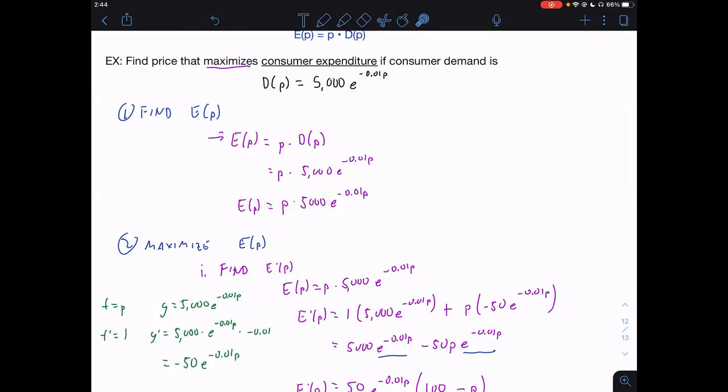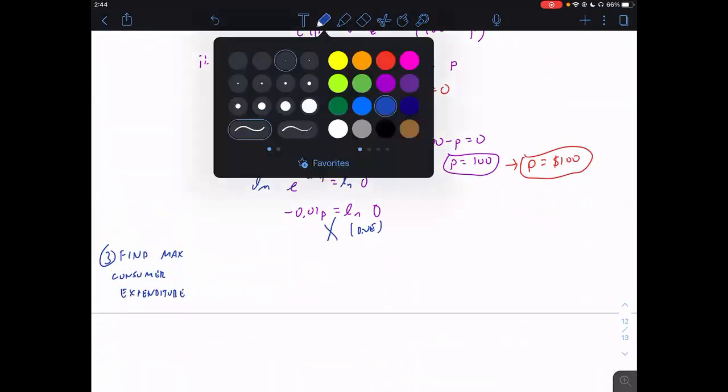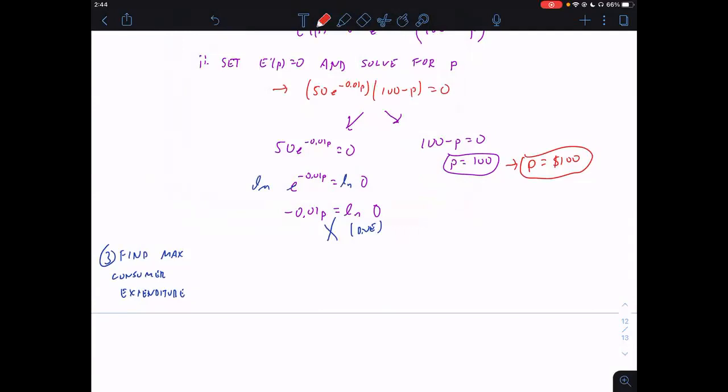Meaning we're going to evaluate our exponential function at p equals 100. So we're going to take our function E and evaluate it at 100, which was our critical number.